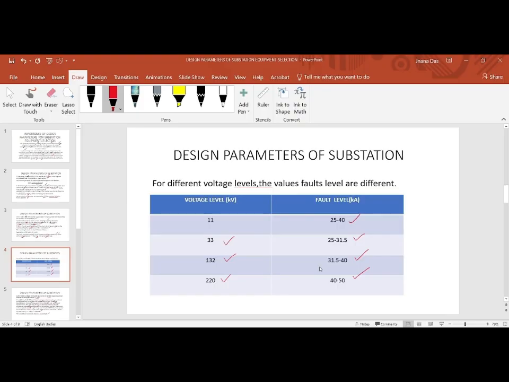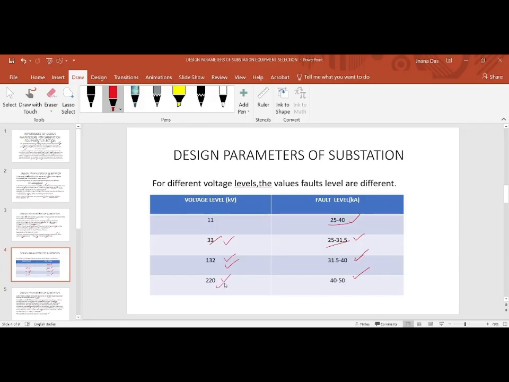For a system voltage of 11 kV, the fault level may be 25 to 40 kiloampere. For 33 kV system voltage, this comes out to be 25 to 31.5 kiloampere. For 132 kV, it comes out to be 31.5 to 40.